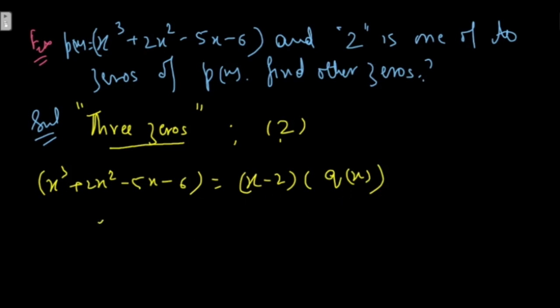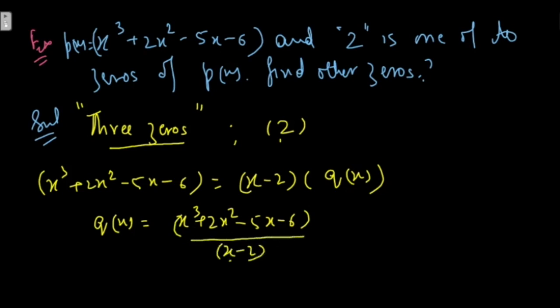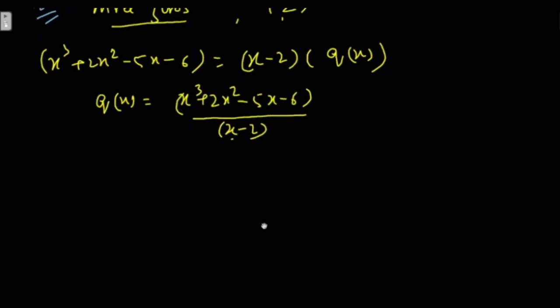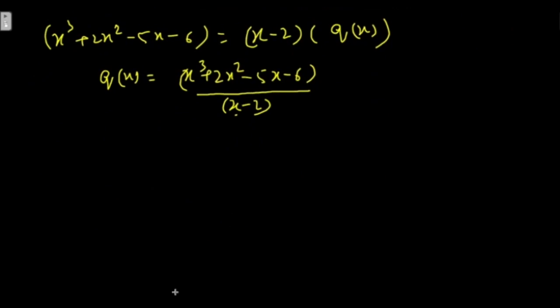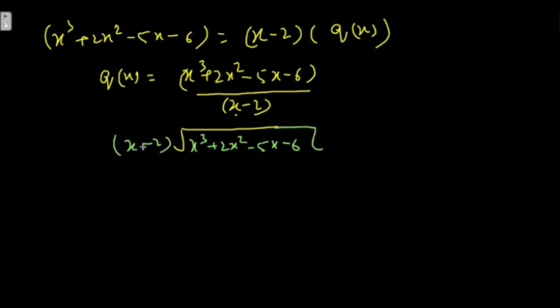Now it means q of x will be equal to x cube plus 2x square minus 5x minus 6, this whole is divided by x minus 2. Now let's use the long division method to find the quotient polynomial. x cube plus 2x square minus 5x minus 6, so whole gets divided by x minus 2.